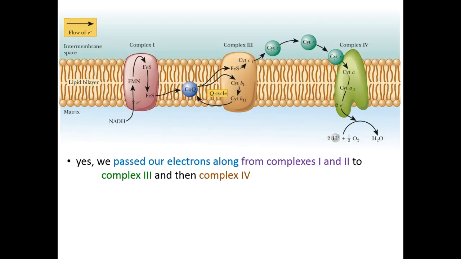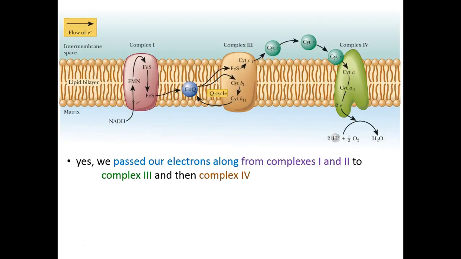Cytochrome C carries those electrons on to complex 4, where they're passed on to a bunch of different cytochromes within complex 4, eventually those electrons making their way onto molecular oxygen. Oxygen is reduced to water, absorbing protons from the matrix, further contributing to the gradient, and we're at the end of the line for those electrons.